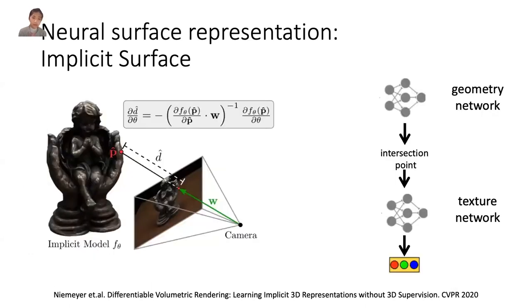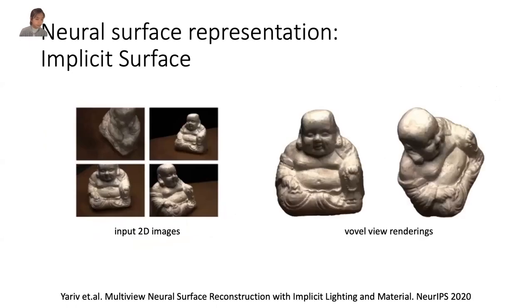The way to render an implicit function is ray tracing. For every pixel in the image plane, one would shoot a ray and find the surface intersection. Then another network, usually referred to as the texture network, would take the coordinates of the intersection points as input and output RGB values. Besides the intersection point coordinates, we can also additionally use the normals as input to the texture network.